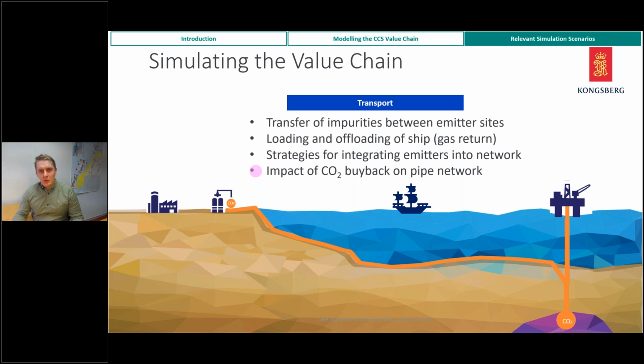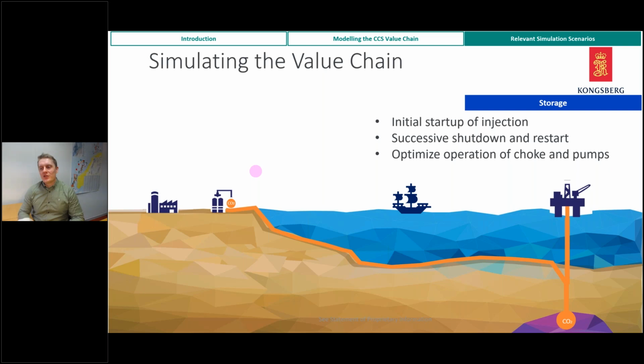How this can actually be used to prove that you've accounted for this in your CO2 accounting, so that you can prove to the government that there will be no double counting of captured CO2. So there's a whole host of scenarios that one can look into in the transport section.